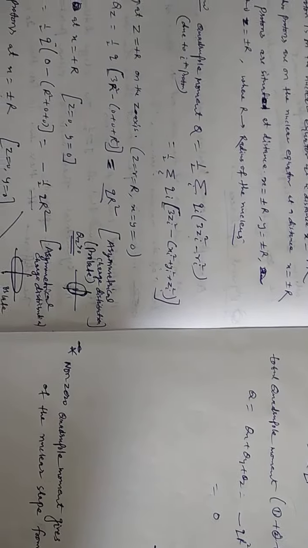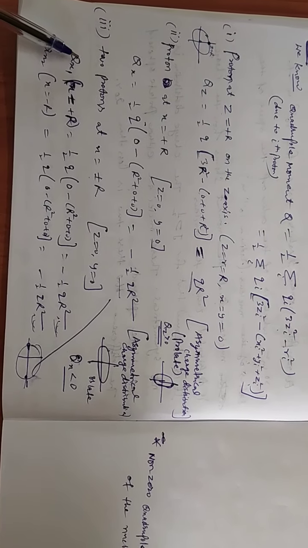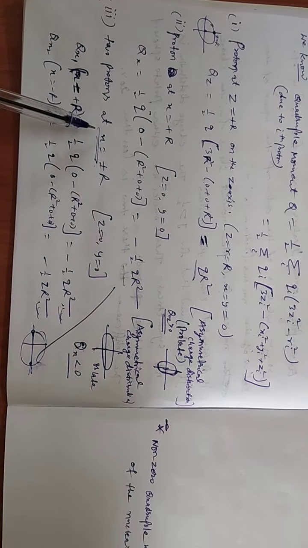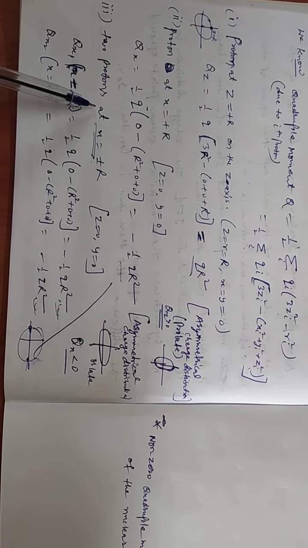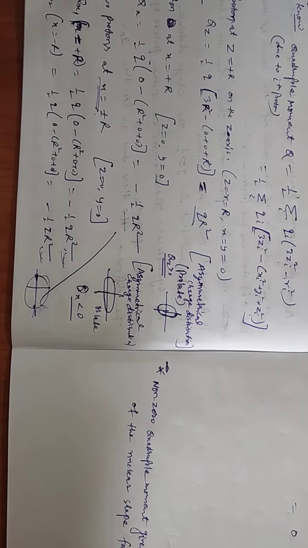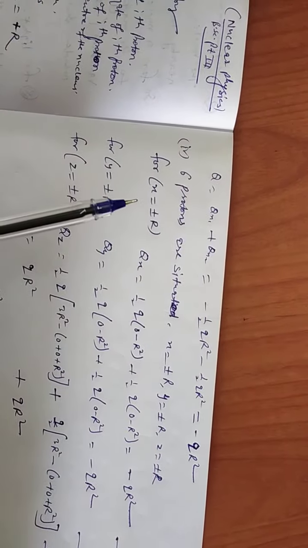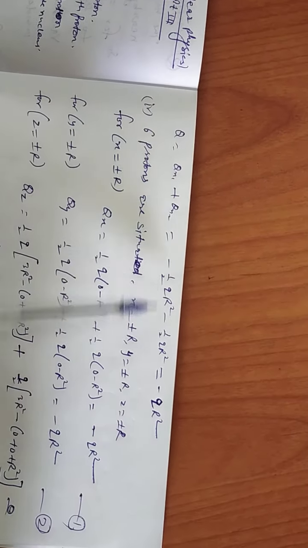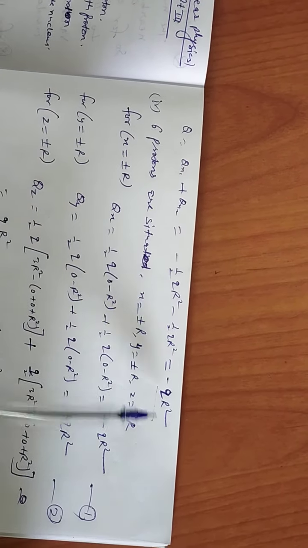Now if we calculate the total quadrupole moment for these two protons, then we must add these two quadrupole moments Qx1 and Qx2. So the total quadrupole moment of these two protons will be minus QR squared.